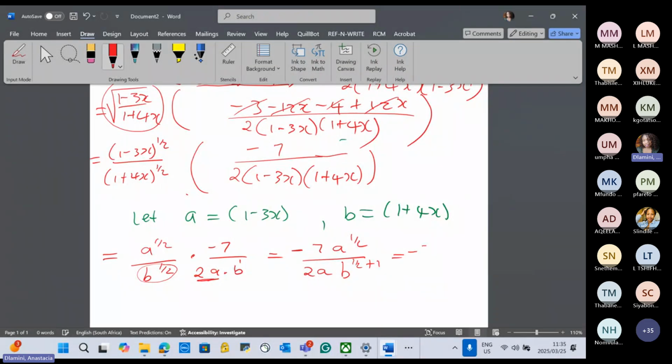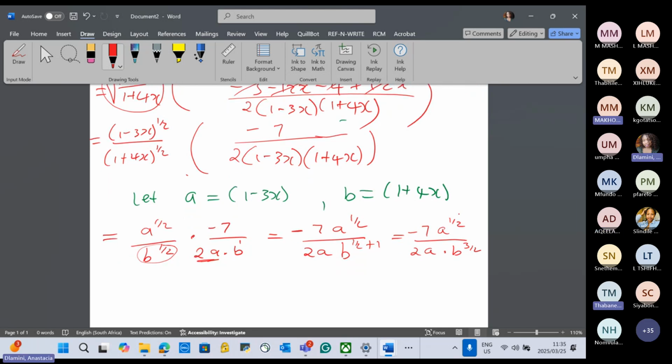So this is -7A to the power of 1/2 over 2A times B to the power of 3/2. Do we agree there? Now, look at these two. They are dividing. When you divide exponents of the same bases, what do you do to the powers?